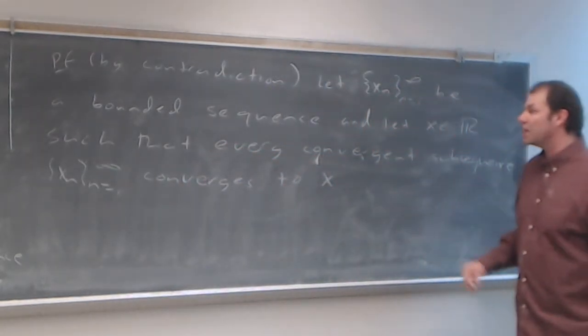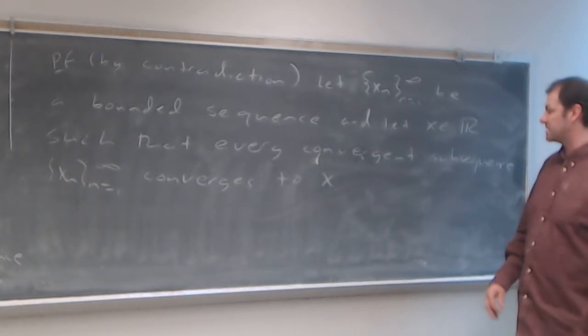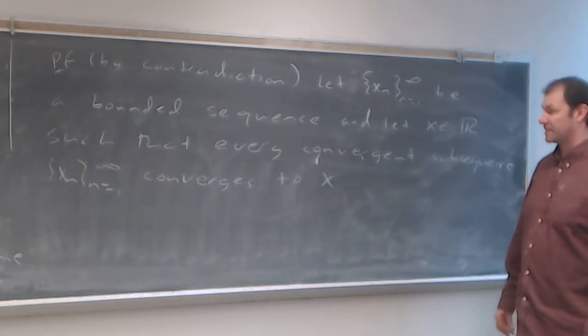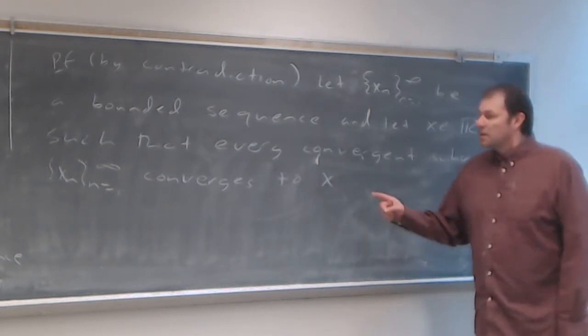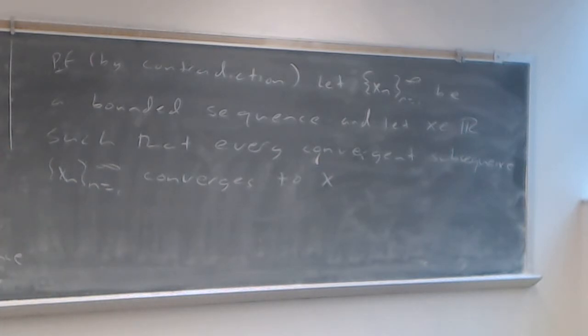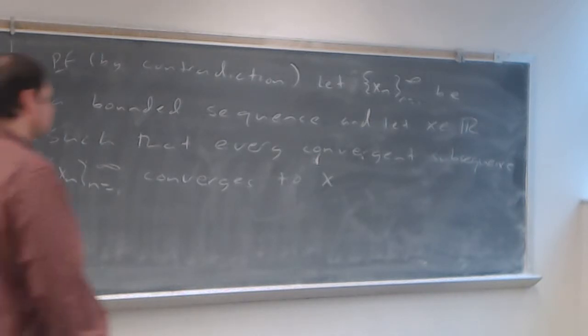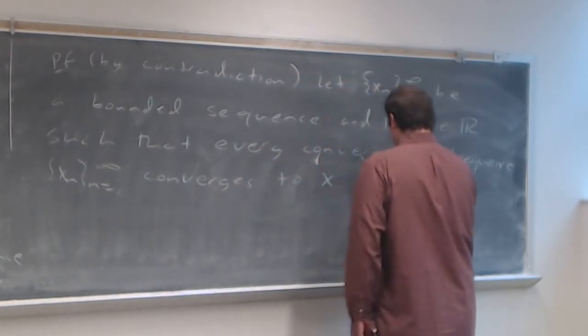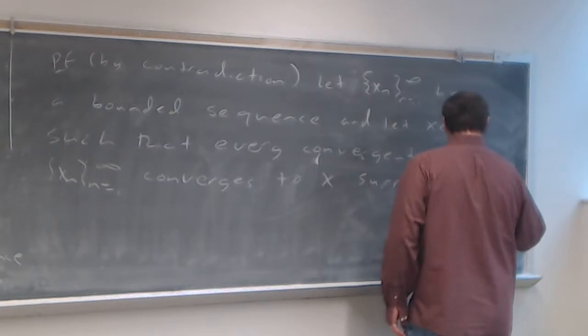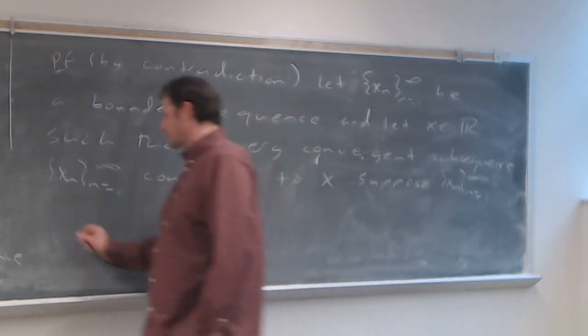Now what we want to show is that x of n itself has to converge to x. What we're assuming is just that every convergent subsequence of x of n converges to x. So we want to show x of n converges to x. And we're going to do this by contradiction, so we're going to assume the opposite. We're going to suppose that x of n doesn't converge to x.